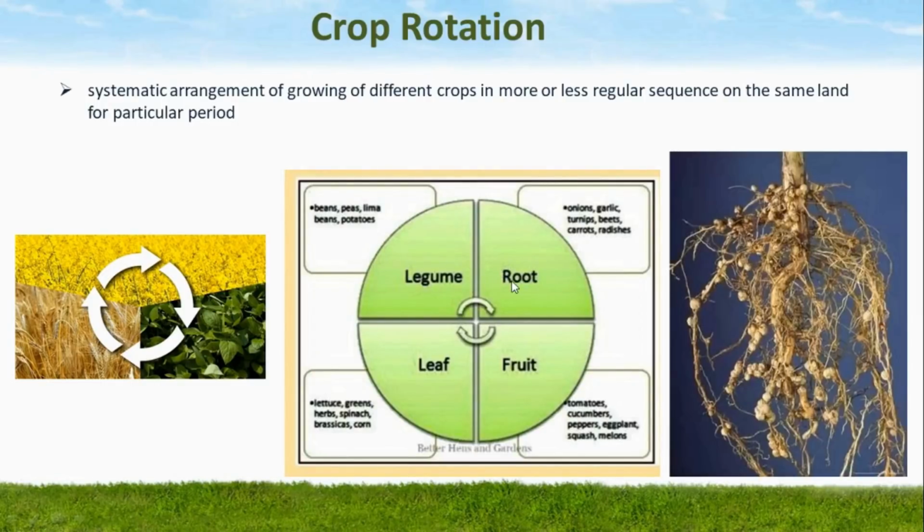Next to that, we have to grow the economically important root plants, maybe onion, garlic, turnips, beets, carrot, radishes, etc. Next to that, we have to grow fruit crops such as tomato, cucumbers, peppers, eggplant, melons, etc. Next to that, we have to grow the leaf containing plant such as spinach, lettuce, brassicas, corns, etc. So in this way, the crops are always rotated so that the fertility of the soil is maintained.